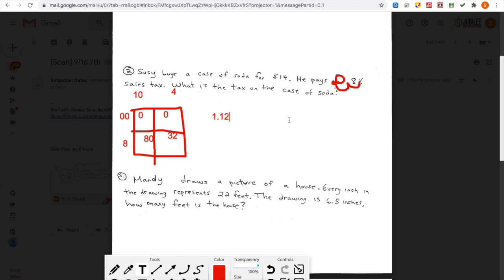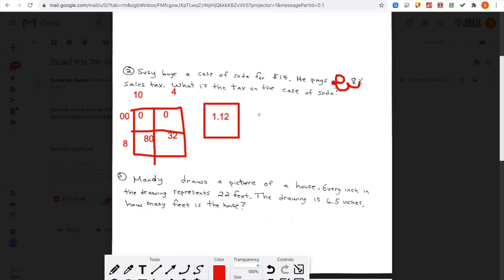And so that's going to be the tax for that question. So what we want to do is make sure that that is our answer and that we box it. So 1.12 is our tax.